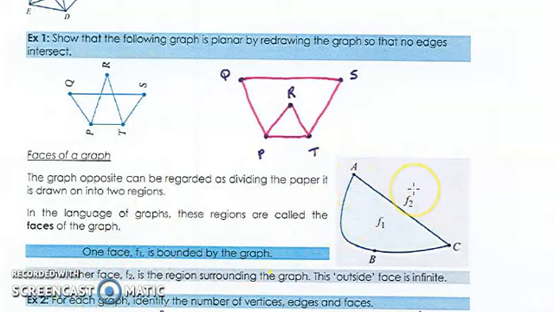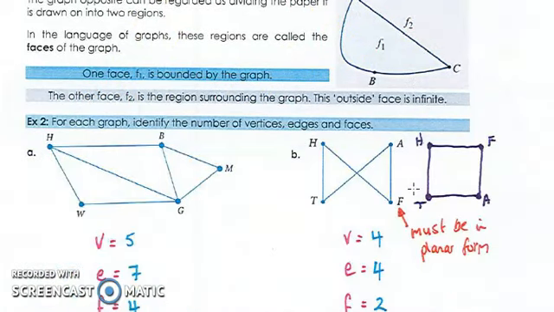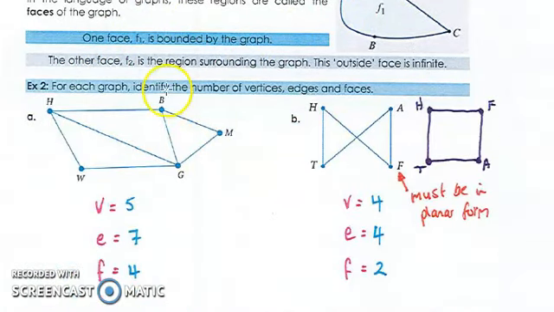Now we'll look at this example here. For each graph, identify the number of vertices, edges, and faces. Vertices are the points, edges are the lines, and faces are the bounded regions and the outside. The number of vertices in this case is 1, 2, 3, 4, 5, so v is equal to 5.